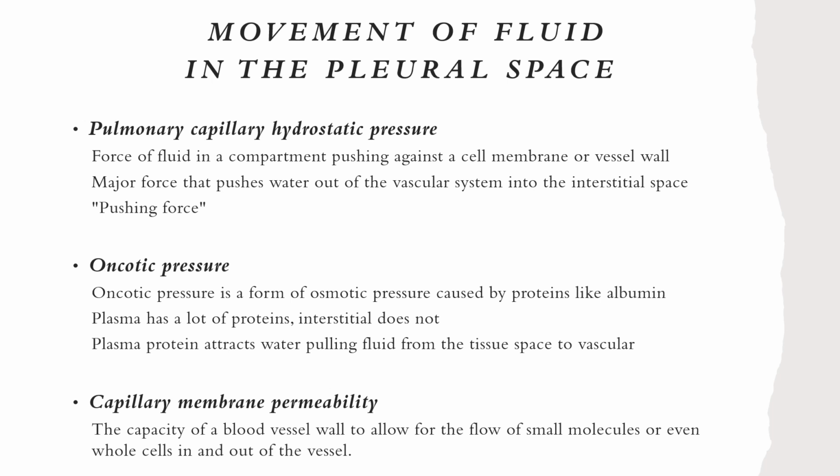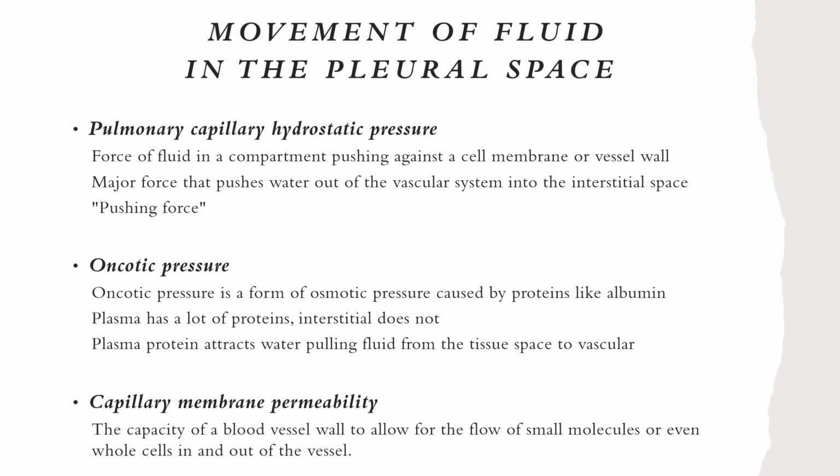But if we think about something abnormal going on, we're going to have more of an exertional force than normal. So if we have more of a pushing force, we're going to have more fluid being pushed out into our interstitial space than we want, okay? Normally we have a great balance of that force and that pushing pressure. It's when it gets a little too high that we enter that problem of fluid entering our pleural space more than we want, okay?